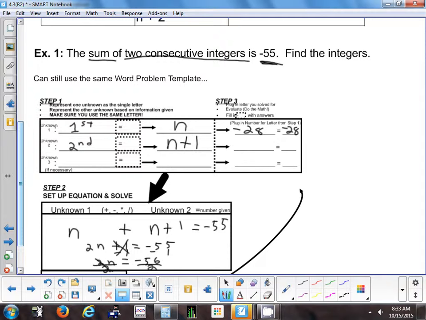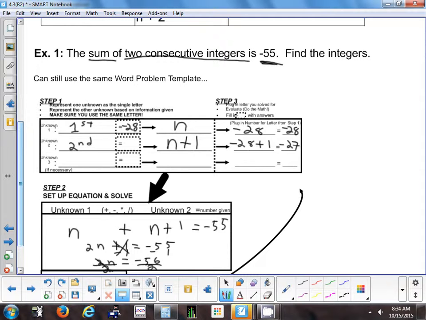Today, all you're going to have to do is add 1, or maybe add 2. So negative 28 plus 1. What's negative 28 plus 1? Negative 27. Now we've got both our answers. What is my first integer? Negative 28.